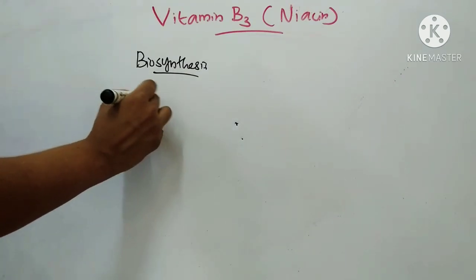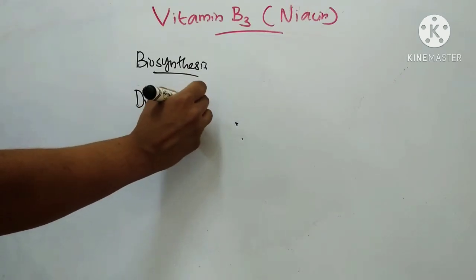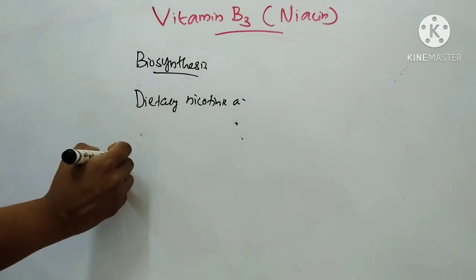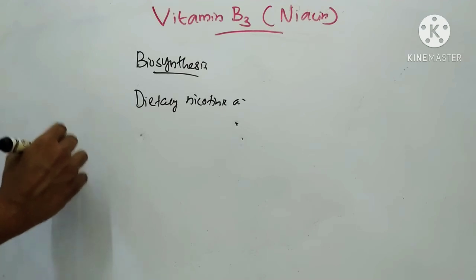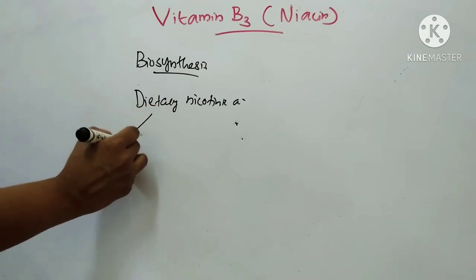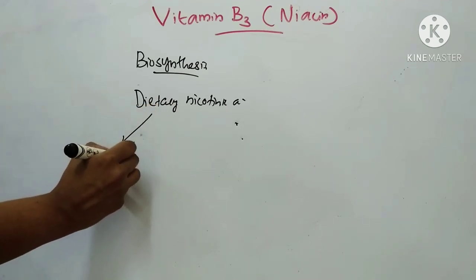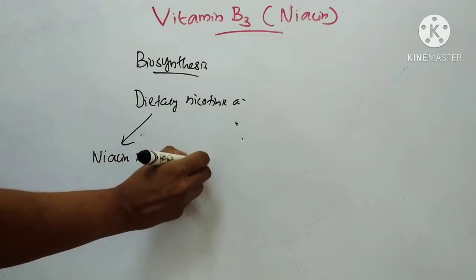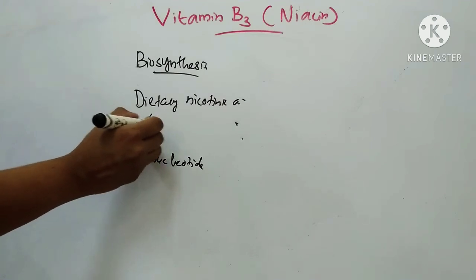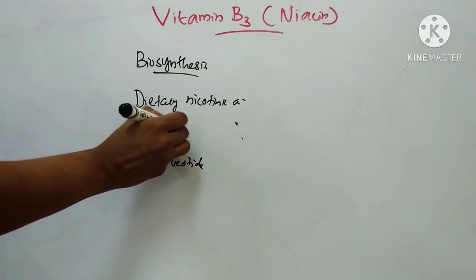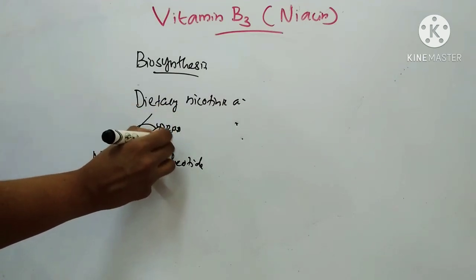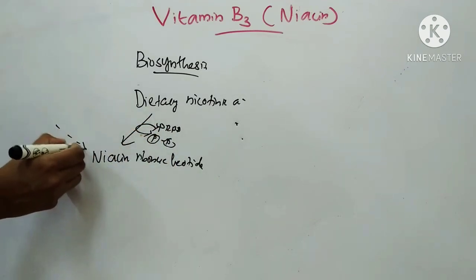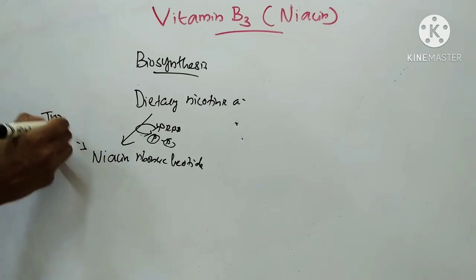This dietary nicotinic acid, niacin, and PRPP give niacin ribonucleotide. Here it is also from the amino acid tryptophan.